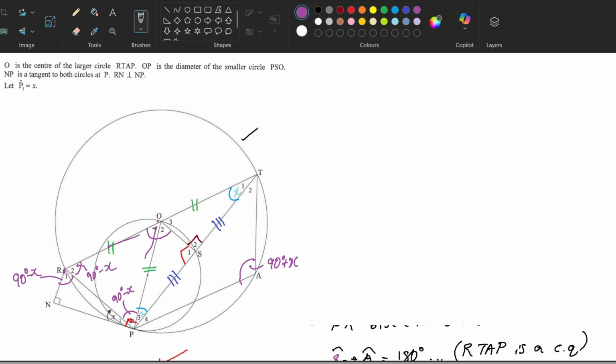I can tell the examiner that in triangle POR, I'm dealing with that triangle. You're going to say angle O plus angle P plus angle R is equal to 180, sum of angles in a triangle.